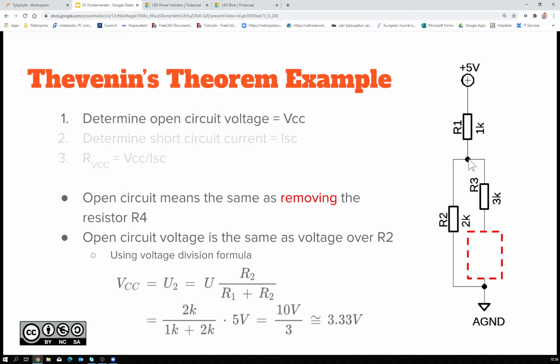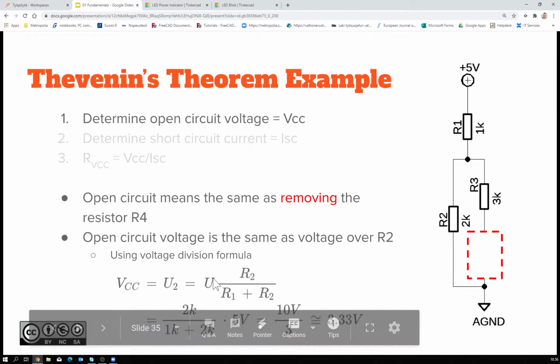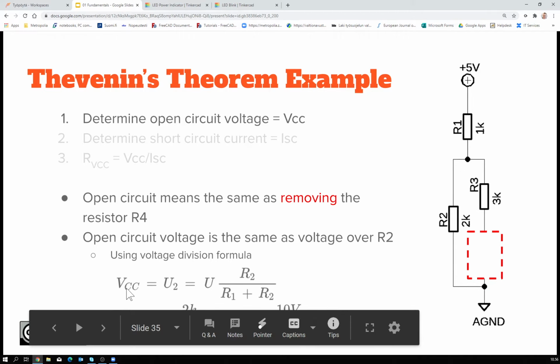So the open circuit voltage is the same as the voltage on this spot. We have a voltage divider R1, R2 in series, and that VCC of the model is the same as U2 on this circuit, which is R2 divided by R1 plus R2 times 5 volts. The numeric formula is right there, and it's about 3.33 volts.